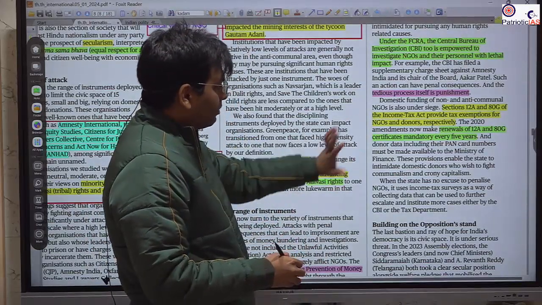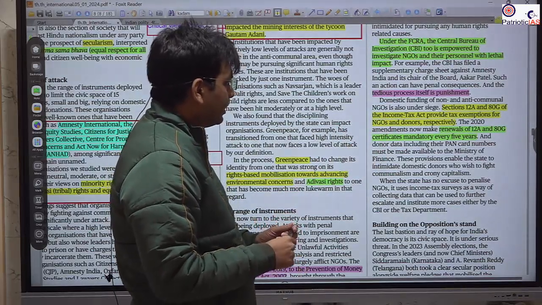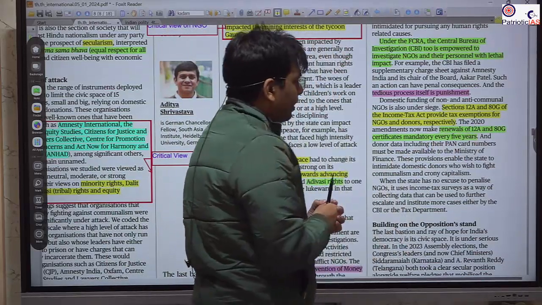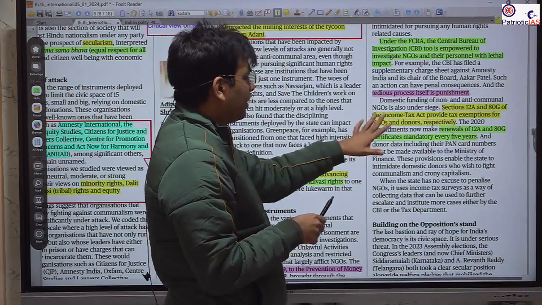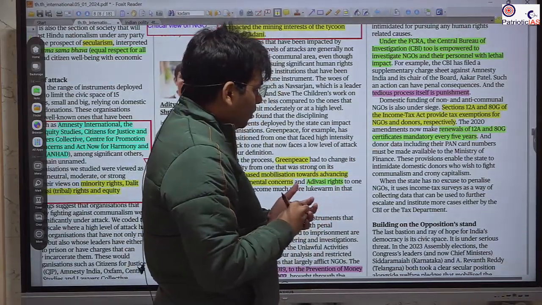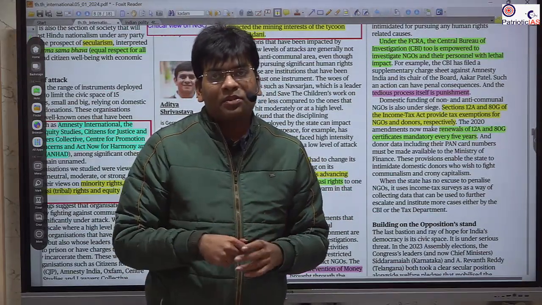The change has also brought a new requirement. Previously, there was no need for renewal of the NGO's registration under 12A or 80G, which provide the tax exemption to the NGO. Now they have to renew after 5 years, so the expenditure and compliance burden on NGOs has increased.